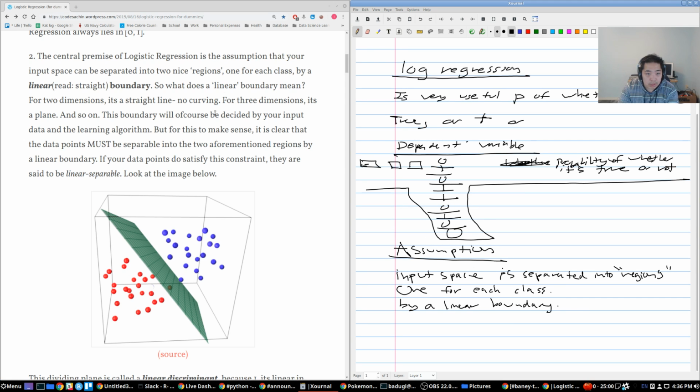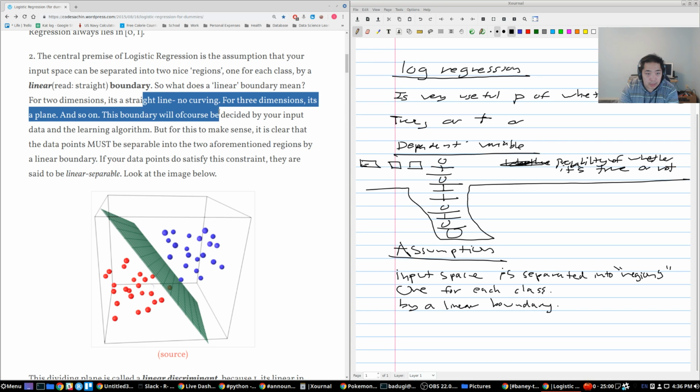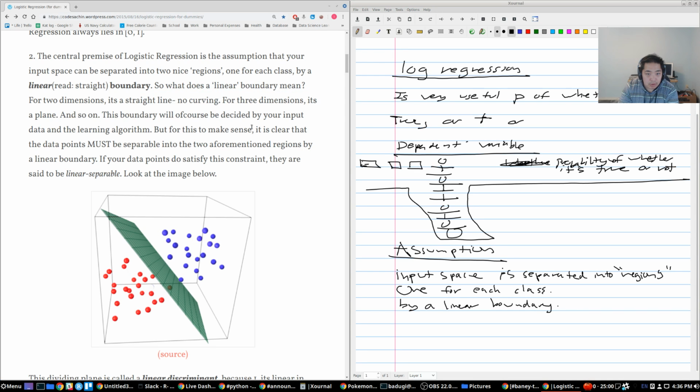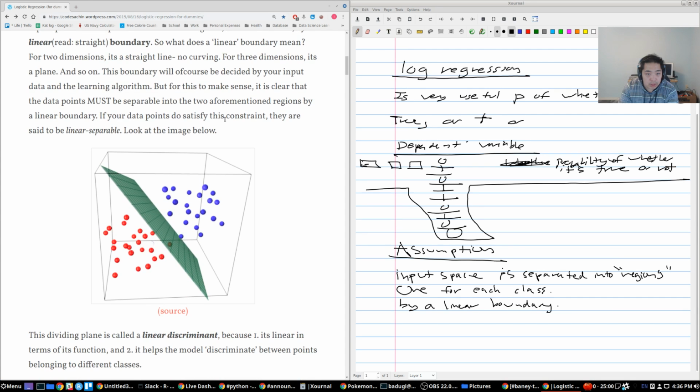So then in the article it says, what does linear boundary mean? For 2 dimensions, it's a straight line, no curving. So it kind of looks like this. For 3 dimensions, it could be a plane. This boundary will of course be decided by your input data and the learning algorithm. It is clear that the data points must be separable into the 2 aforementioned regions by a linear boundary.